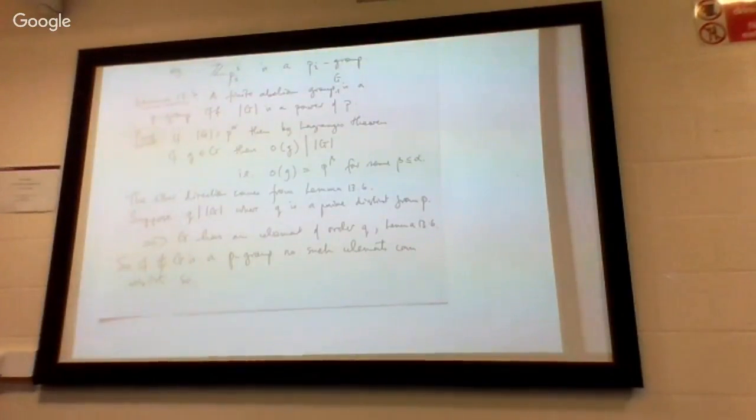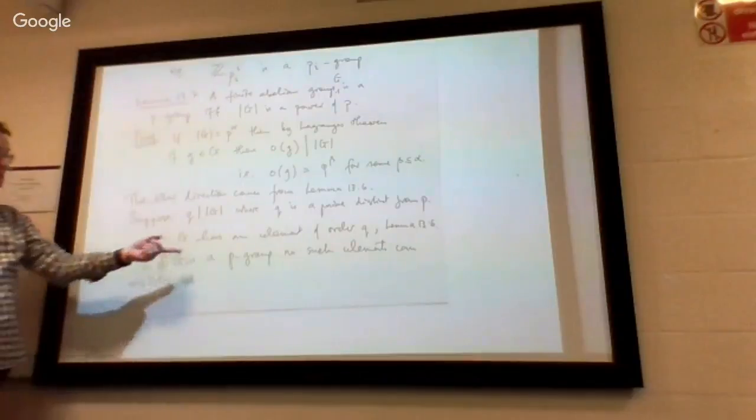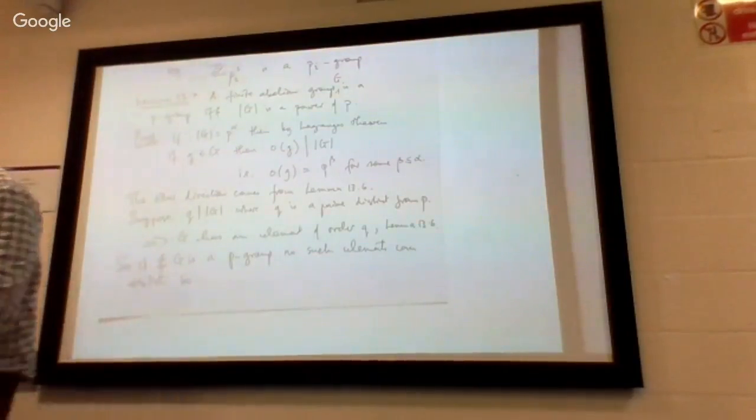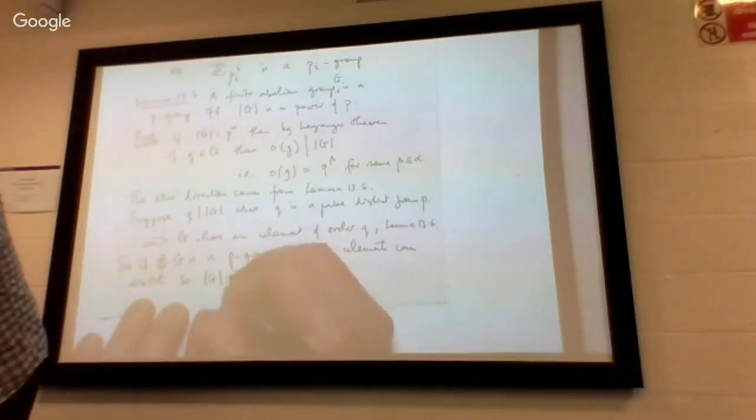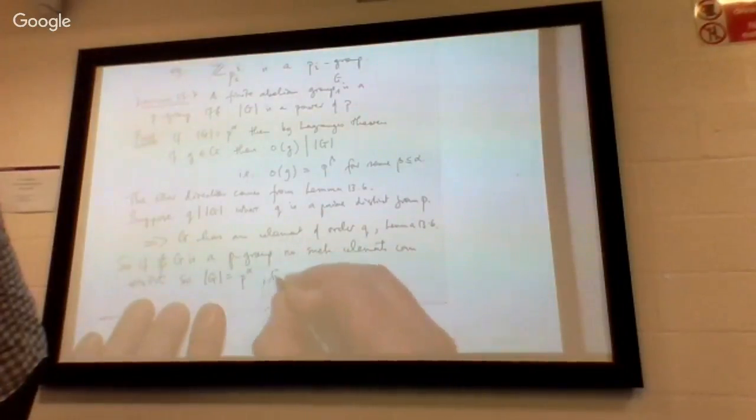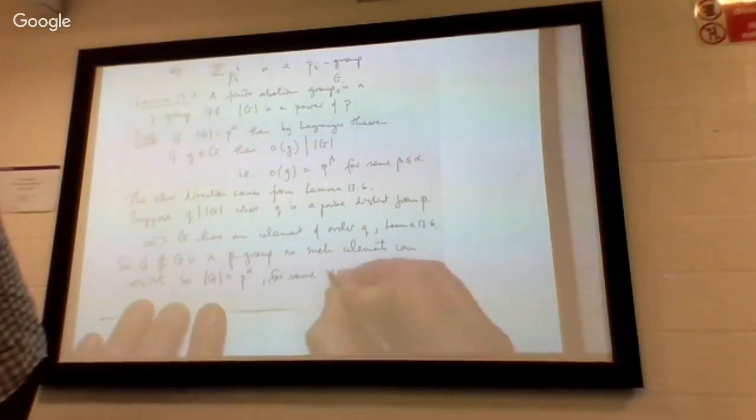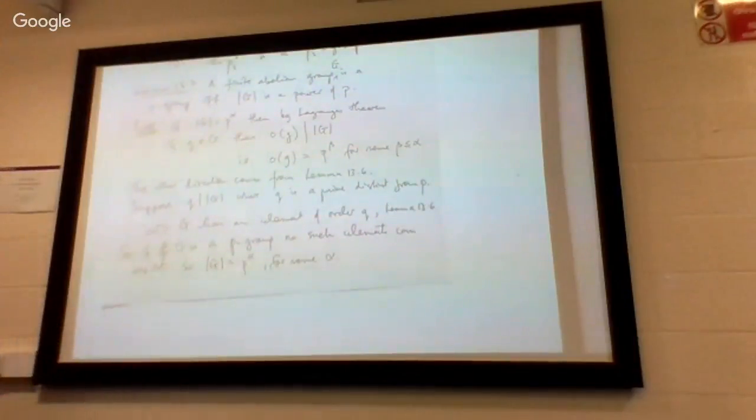Every integer you can write is a product of powers of primes. But we've ruled out any other prime appearing if G is a P group, so the size of G is equal to P to the alpha. P group is a general term, but you can also make it specific, like a 5 group, where every element has order some power of 5.